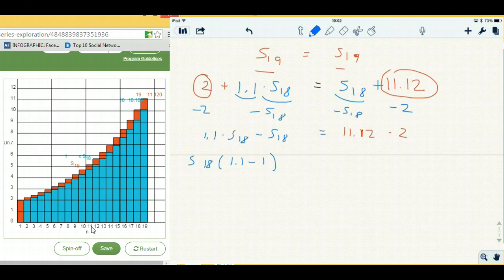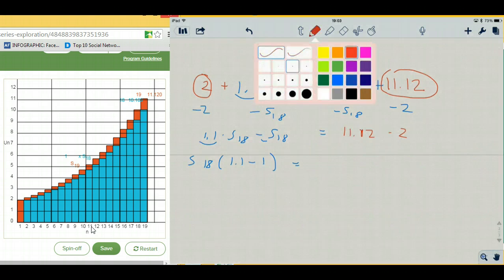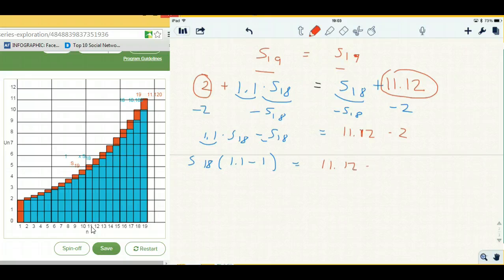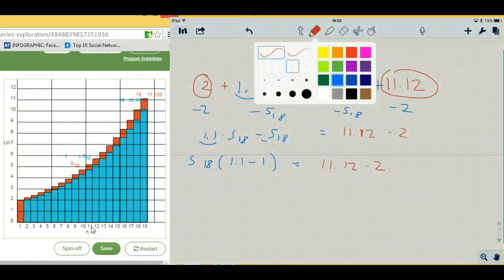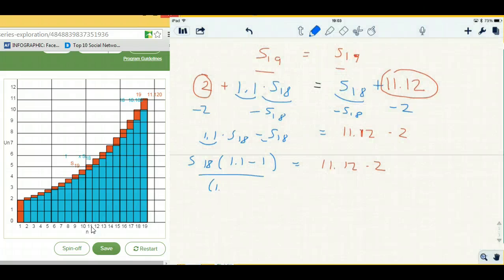Because if you factor out S18, you get 1.1 minus 1. Okay? And then on this side, you keep 11.12 minus 2. Now that we factored out S18, we can divide both sides by 1.1 minus 1. Okay?